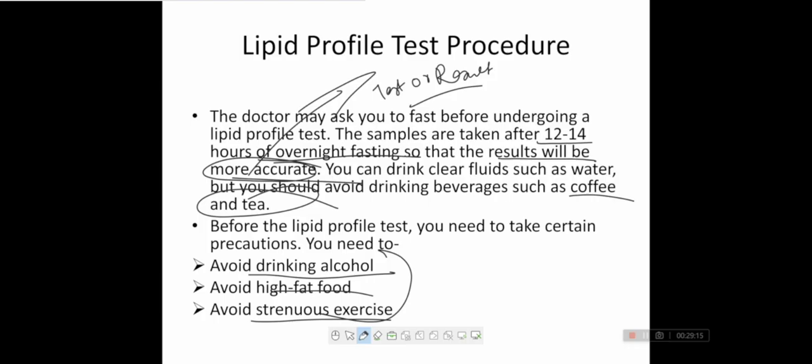You only drink water from 12 to 14 hours before. The sample for the lipid profile test taken by a technician is blood.